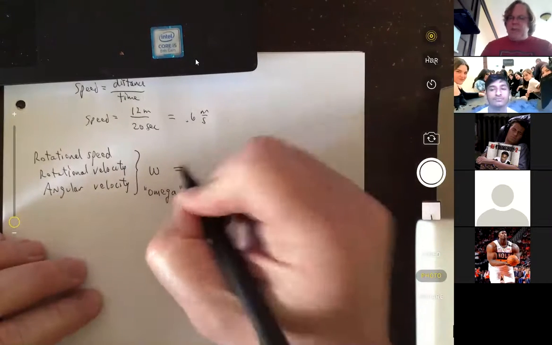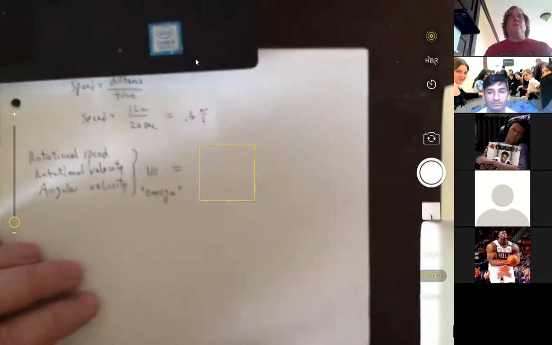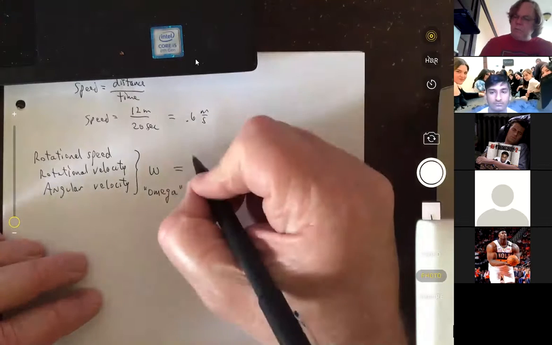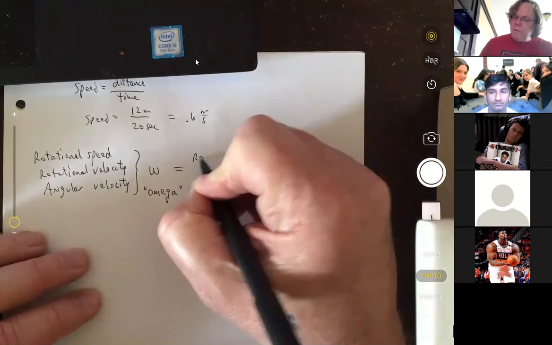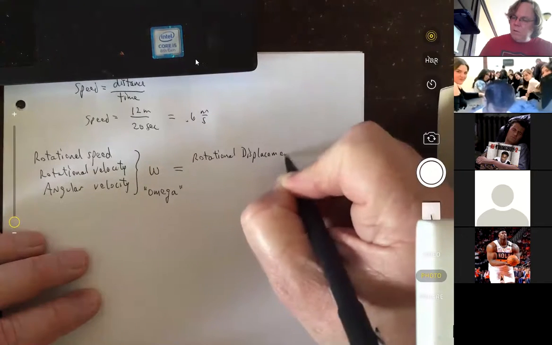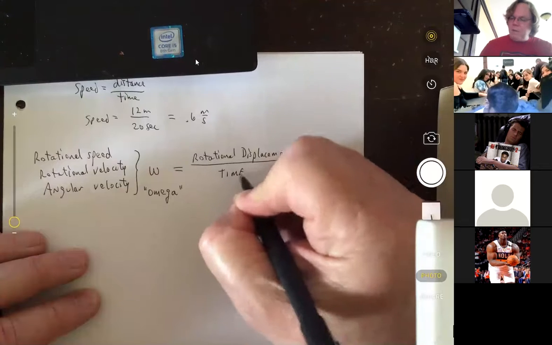And just as speed is equal to distance over time, rotational speed or angular velocity is equal to your rotational displacement over time.